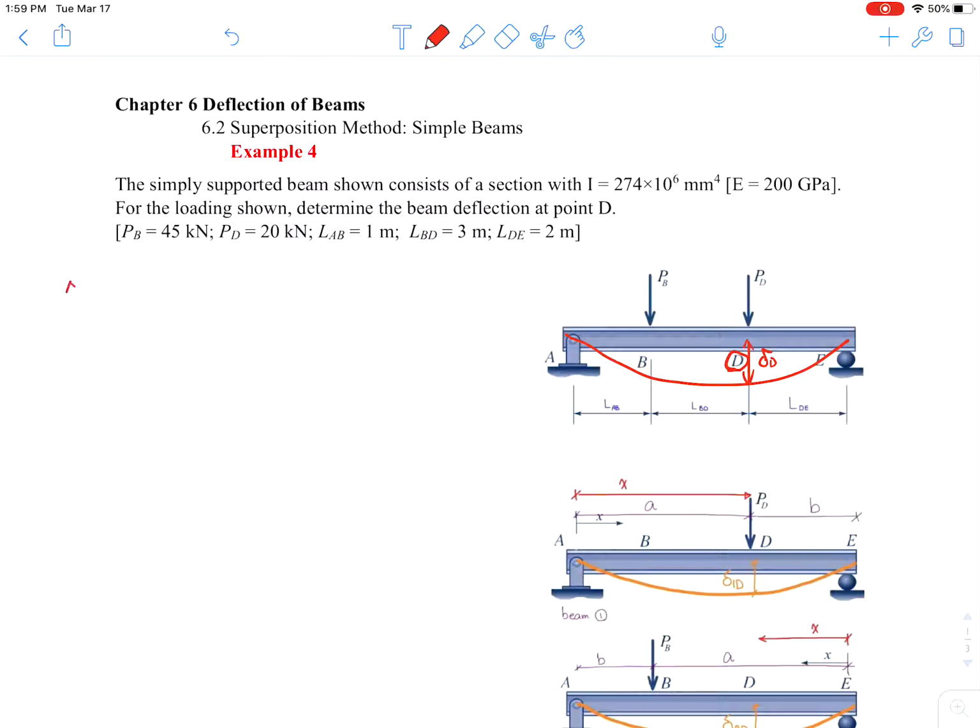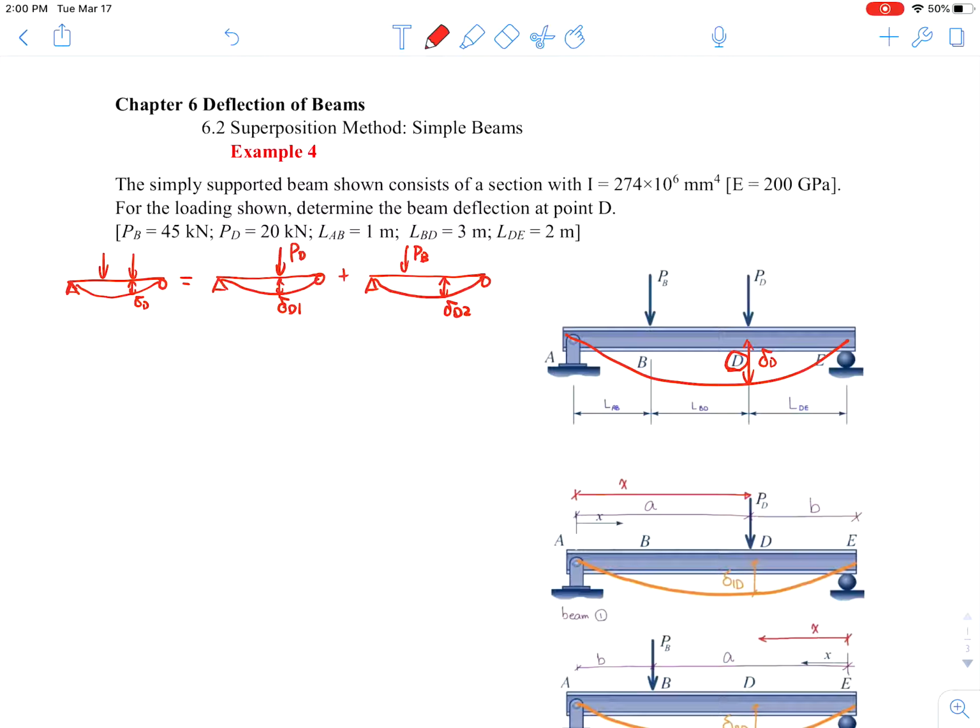In this case, we're determining delta D. It can be split into concentrated load PD only, giving delta D1, plus another case, PB only, where you have delta D2. So we can simply split it into these two simple cases.